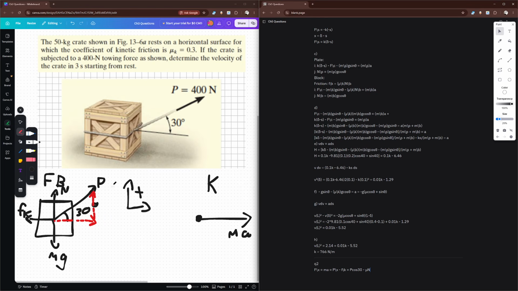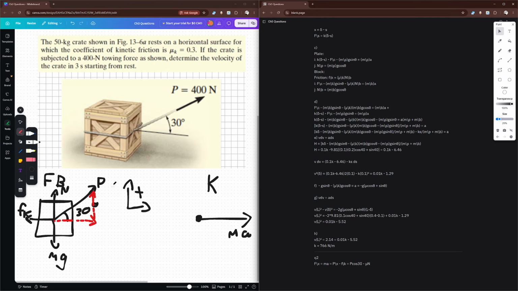So we need to also calculate N, and to do that we need to use the Fy force analysis. So Fy is equal to 0, which is equal to Py plus N minus mg. And we can change this into P sine 30 plus N minus mg.